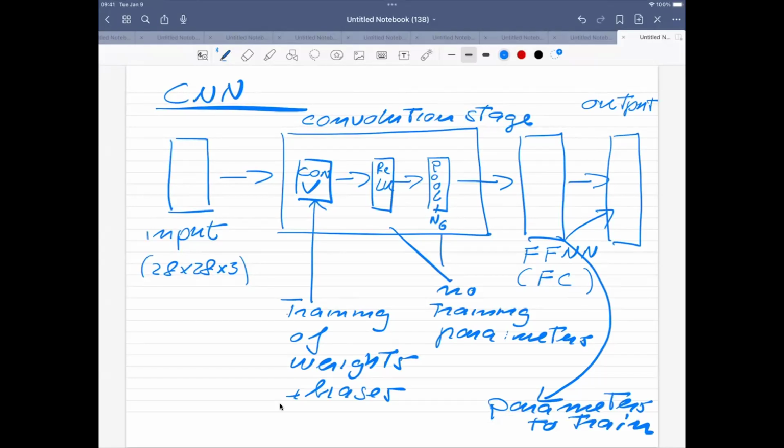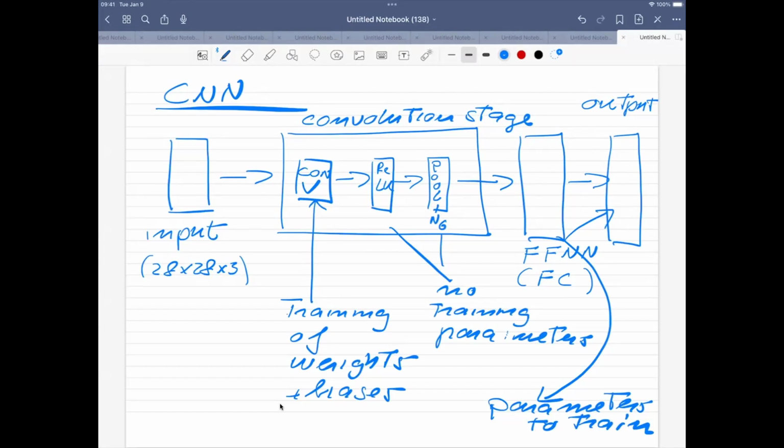And often we make many replicas of the image. We continue with several convolutional stages, which are then fed into a final fully connected neural network. We would then apply backpropagation to the training of the feed-forward neural network and to the convolution stage.